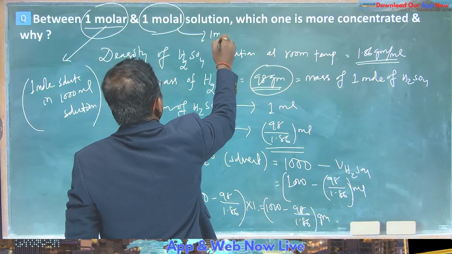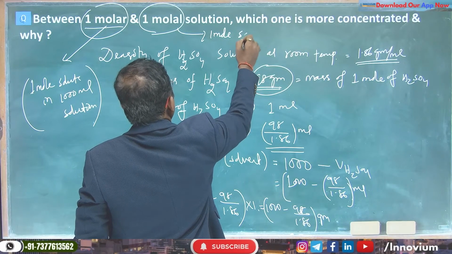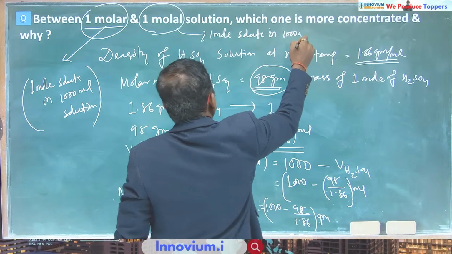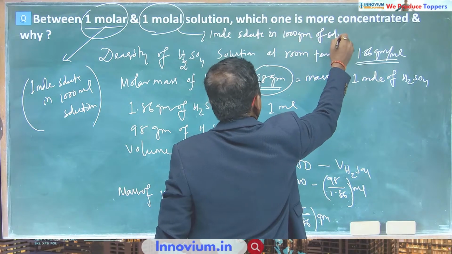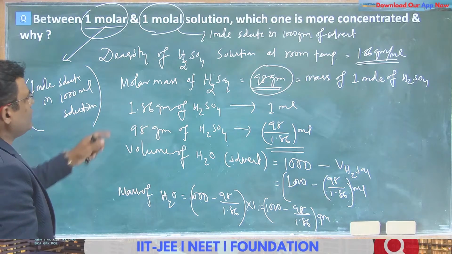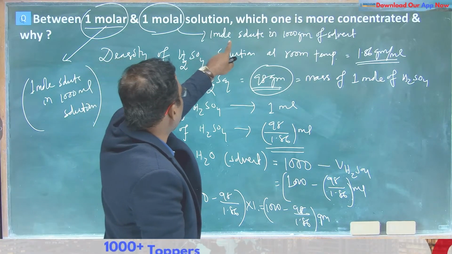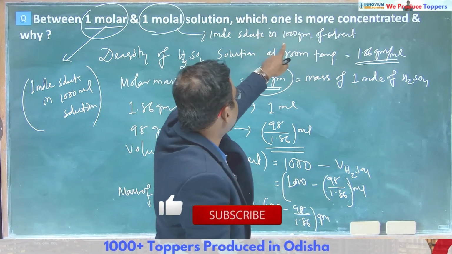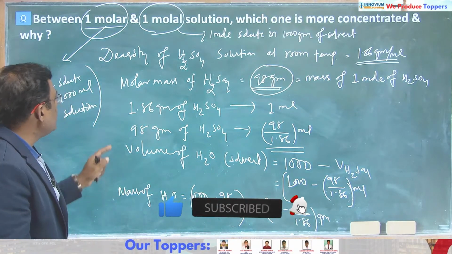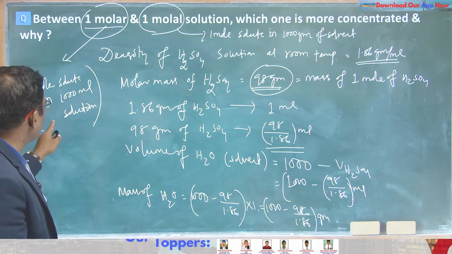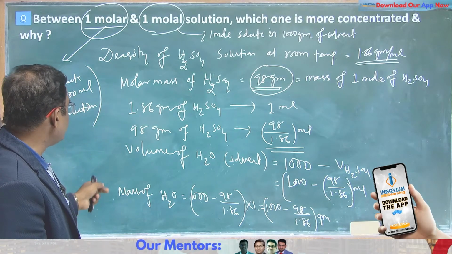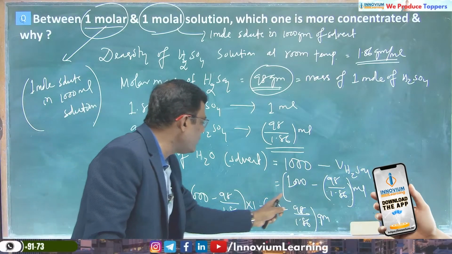This one means 1 mole solute in 1000 gram of solvent. So if we are considering H2SO4 here, 1 mole H2SO4 is present in 1000 gram of solvent. Here for 1 molar, you see 1 mole H2SO4 is present in what mass of solvent? Not 1000 gram. That solvent mass is this one.